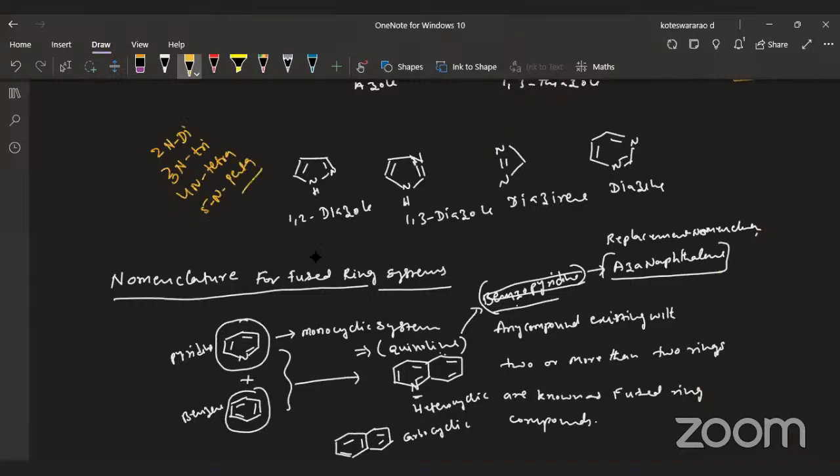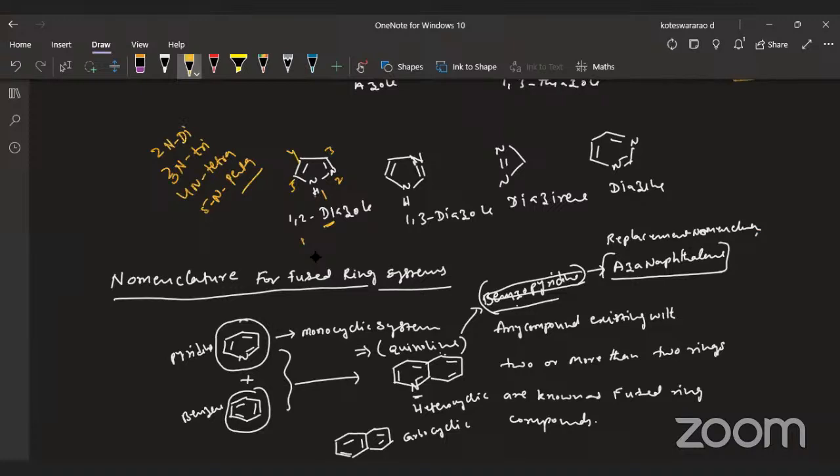These prefixes are used before the original name. Right, here the two nitrogens are there, whenever we give the numbers 1, 2, 3, 4, 5. That is called 1,2 diazole. Diazole. Right? This prefix we need to indicate.